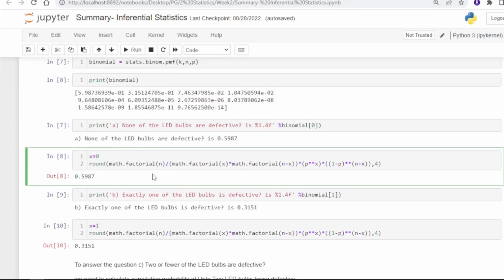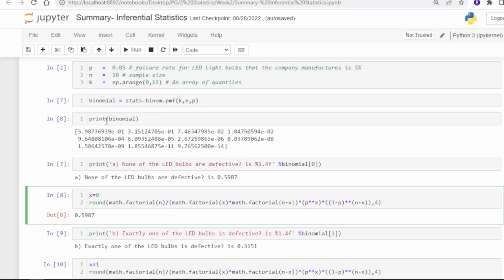But if we want to calculate manually, what we'll get is, we will call math.factorial of n, divided by math.factorial of x multiplied by math.factorial of n minus x, that we have as nCx, right.